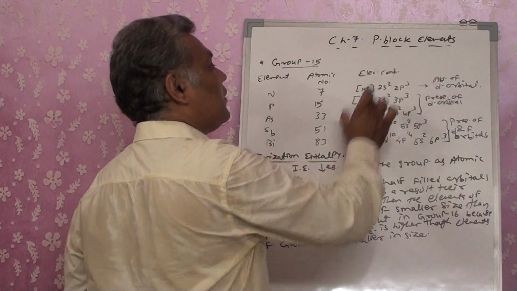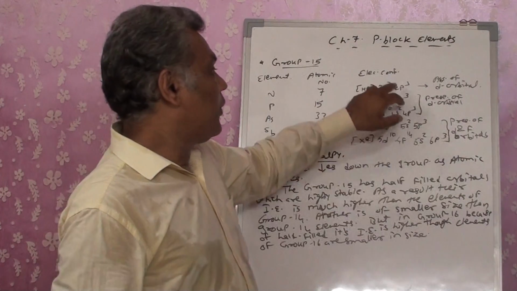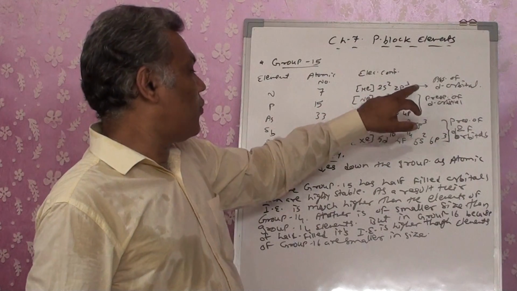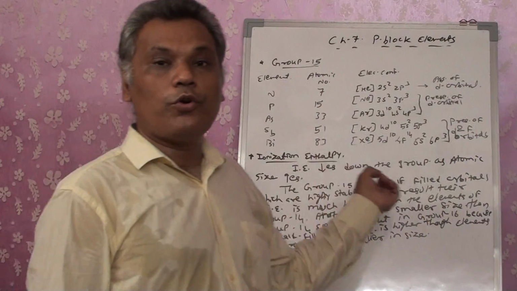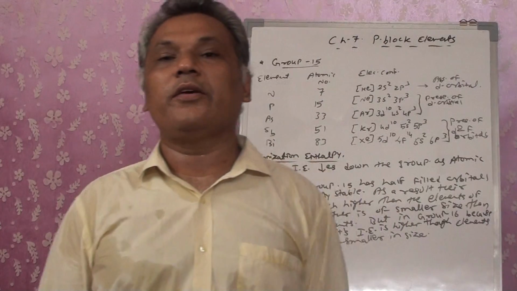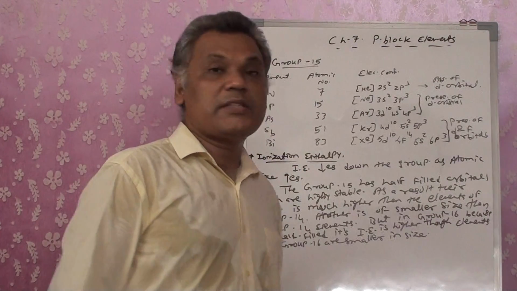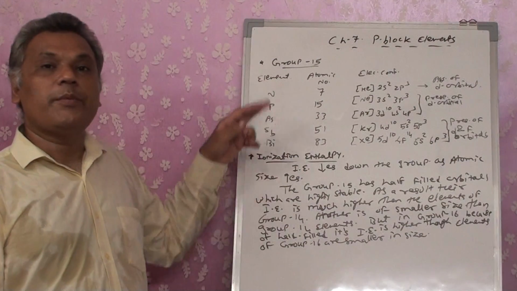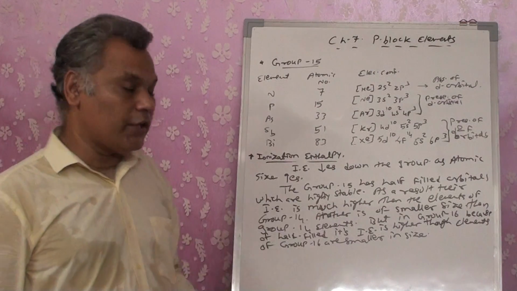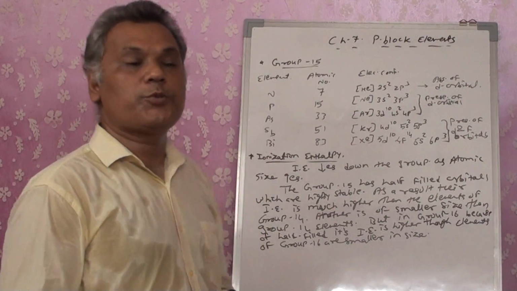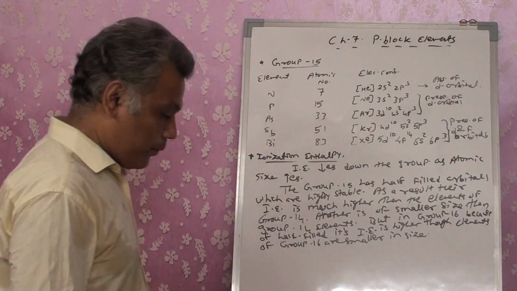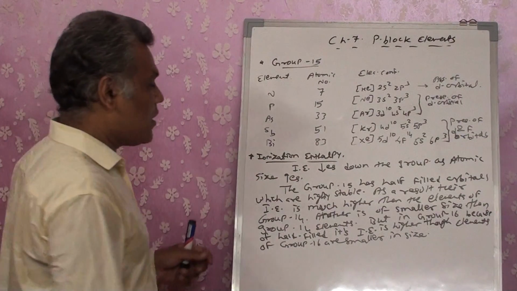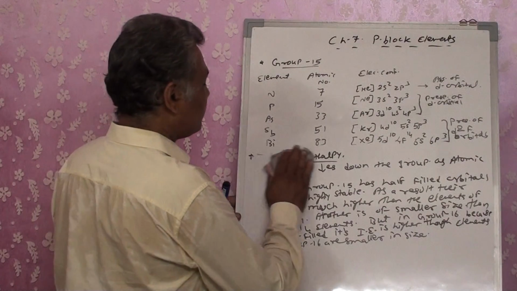Carbon will have 2p2, nitrogen 2p3, and oxygen 2p4. So both group 14 and group 16 do not have half-filled orbitals, while this one has a half-filled orbital. So stability is more, and their ionization energy compared to their neighboring groups will be higher. Okay, so that is related to ionization enthalpy.